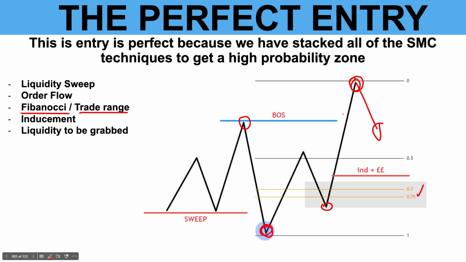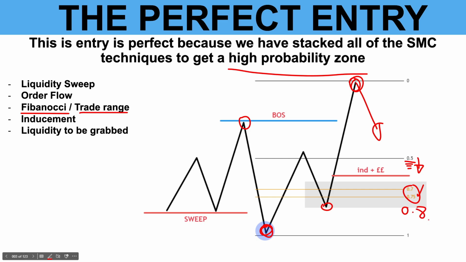First of all, we are looking for our zone to be below the 0.5. If your zone is not below the 0.5 level, then the trade is not going to be a high probability trade, or is just going to be less likely to be a good trade. You want the zone that you're trying to trade from to be below this 0.5 mark, and it will be even better if it lines up with the 0.7, the 0.75, or the 0.8, right?